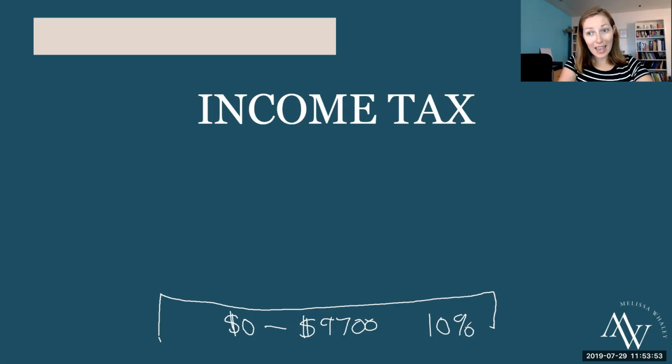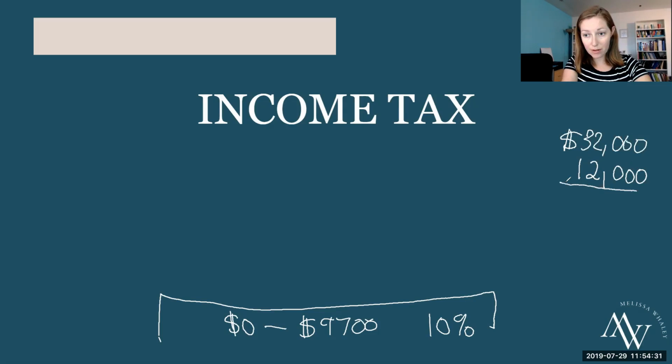But I have to tell you guys a little caveat, and that is not all your income is subject to income tax from the start. There's something called a standard deduction. So let's look over here. If you earned, say, $32,000 this last year, you're single, you're not married, immediately the IRS is going to subtract $12,000 from your income as what's called the standard deduction.